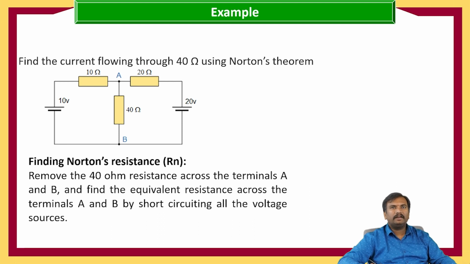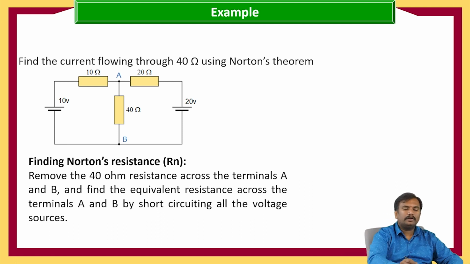Here two voltage sources are given, one is a 10 volt source and another is a 20 volt source, and three resistors are given, 10 ohms, 20 ohms and 40 ohms. Now we are going to remove the 40 ohm resistance.